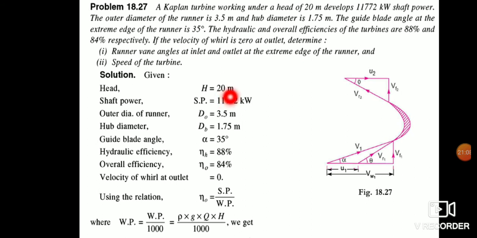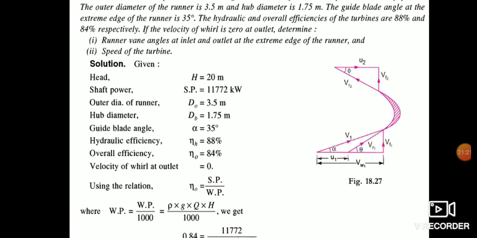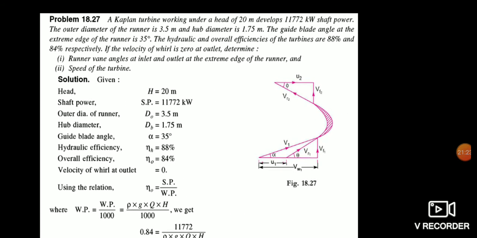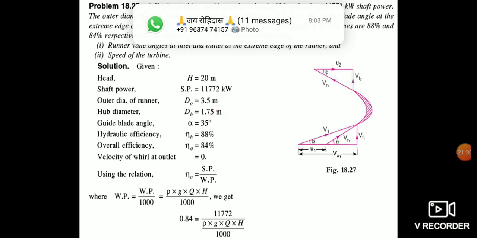Okay. Then it develops 11772 kilowatt. So shaft power is what? 11772 kilowatt, and the outlet diameter of the runner, D_o, is given as 3.5. Then the diameter of the hub is given as 1.5, it is D_b.